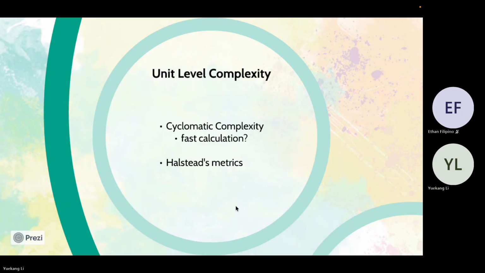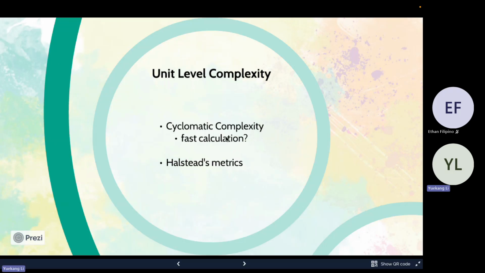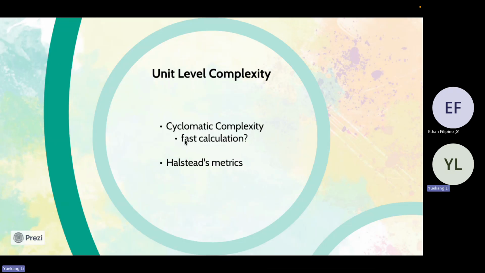So it's like E minus N plus 2. There is also an approach for doing fast calculation of cyclomatic complexity without the need of building a control flow graph, because sometimes it's tedious to build one.